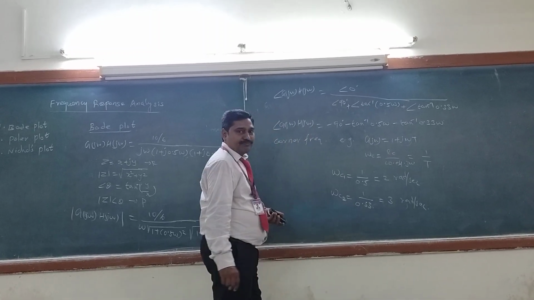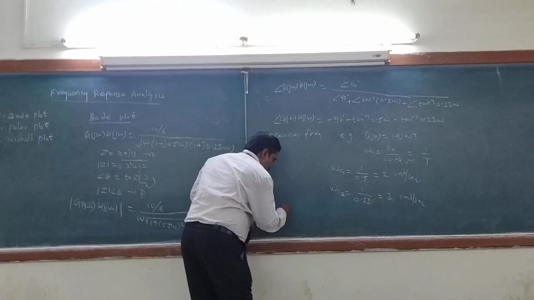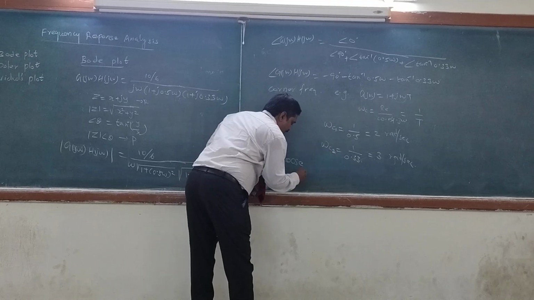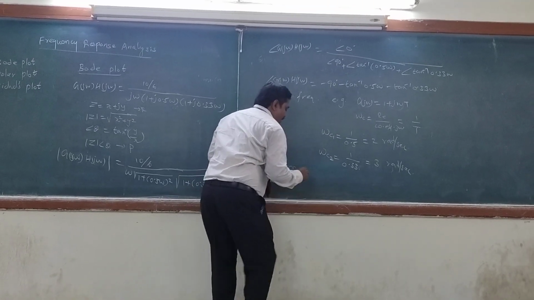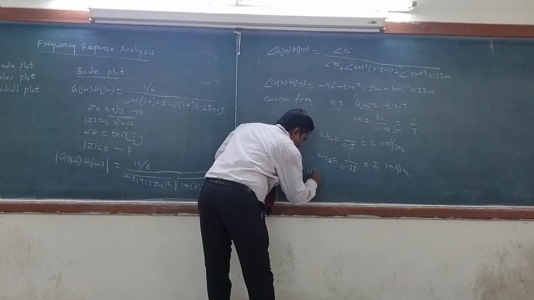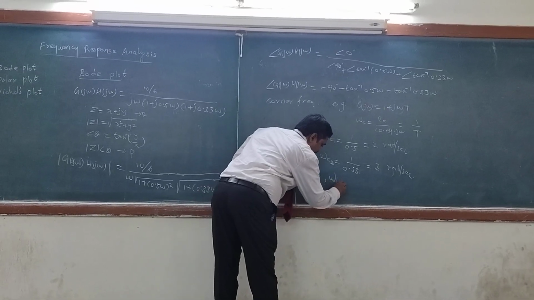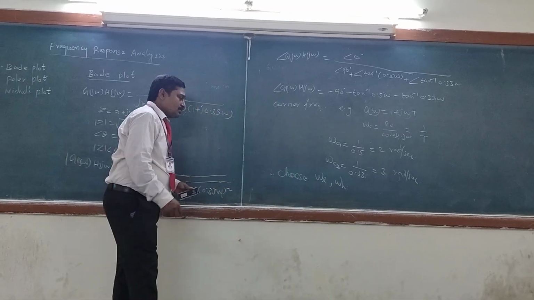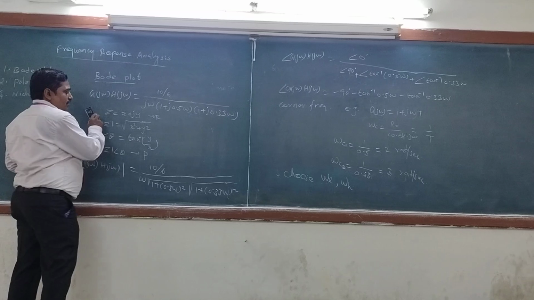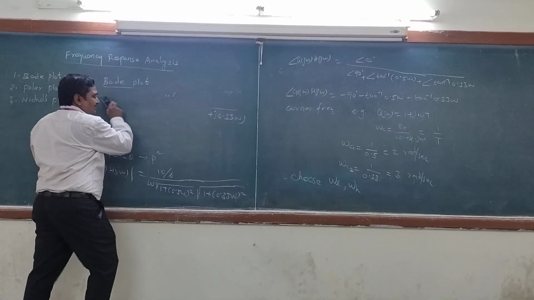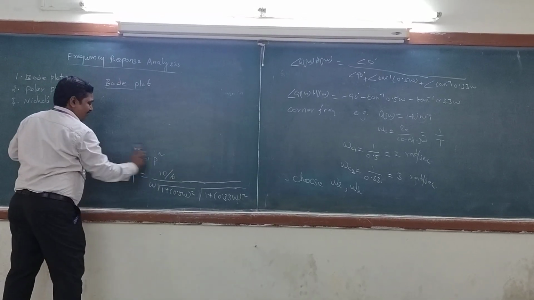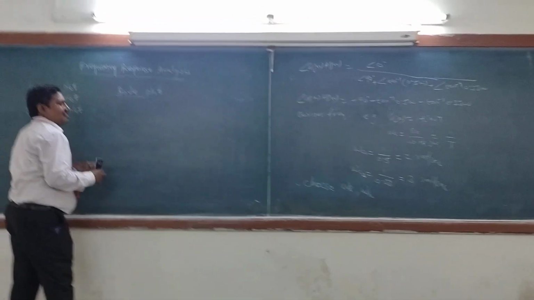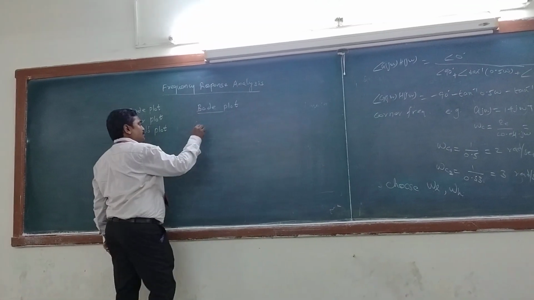Apart from these calculated corner frequencies, we need to choose two more corner frequencies, that is omega l and omega h, the lower limit and higher limit corner frequency. What is the rule for selecting them?